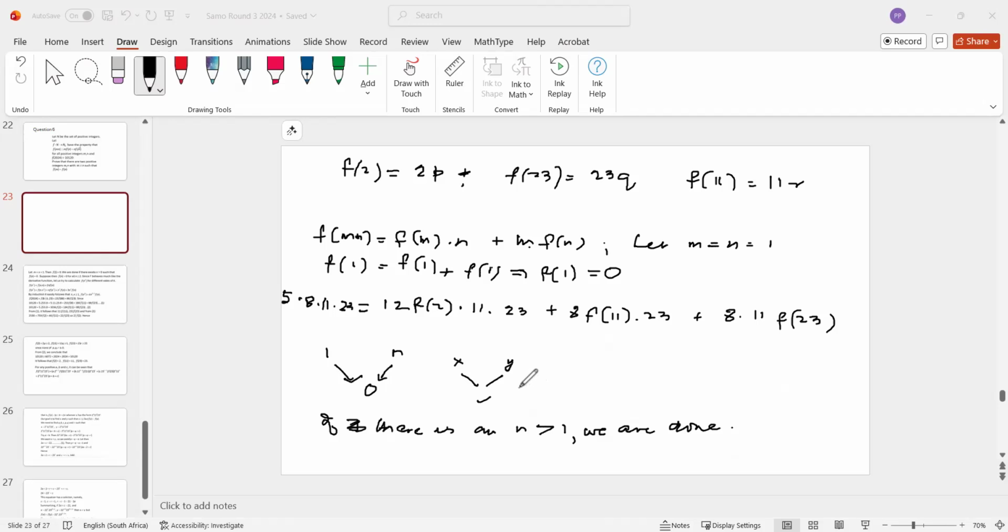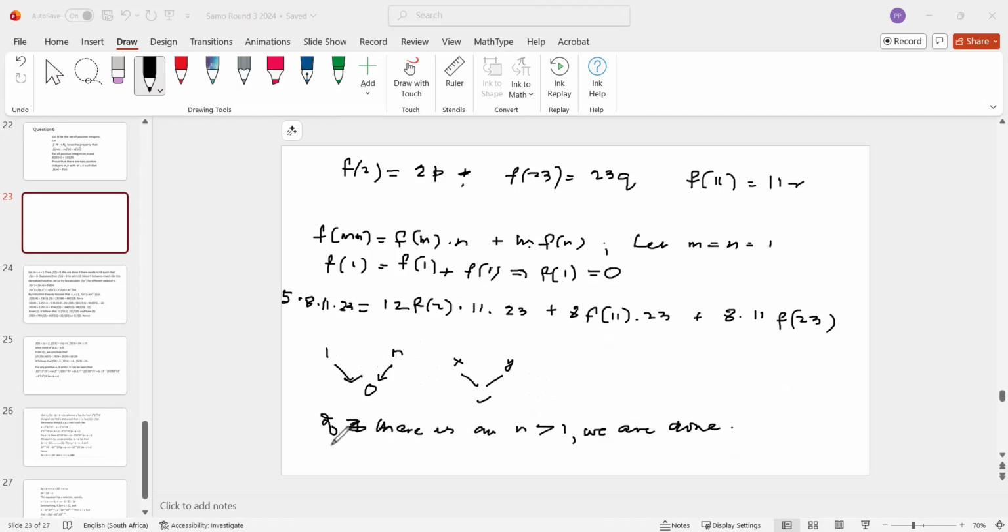So this was the goal. The goal was to find two different numbers whose outputs are the same. If there is an n greater than 1 such that f of n equals 0, then we are done. All right. So let us assume that this is not happening.